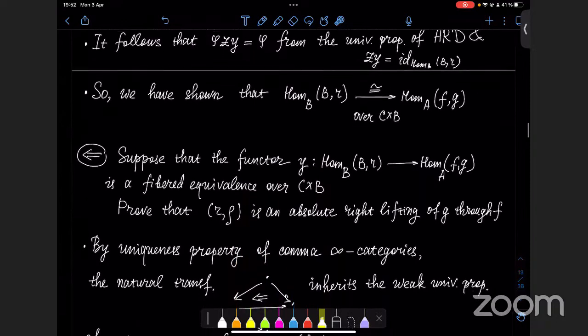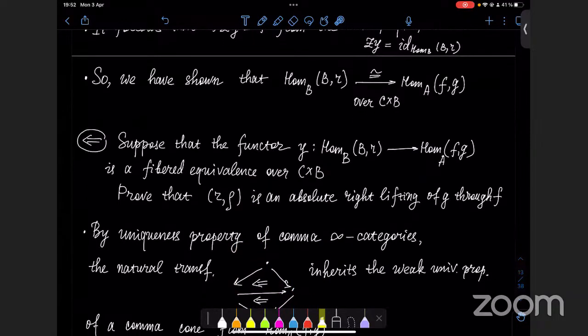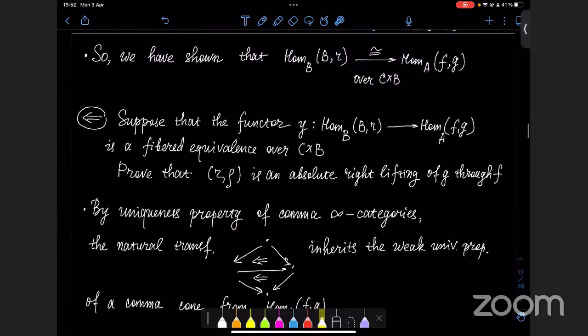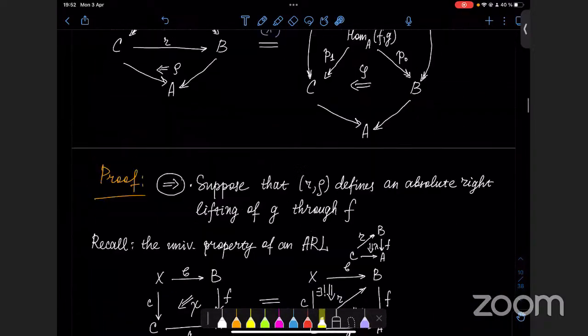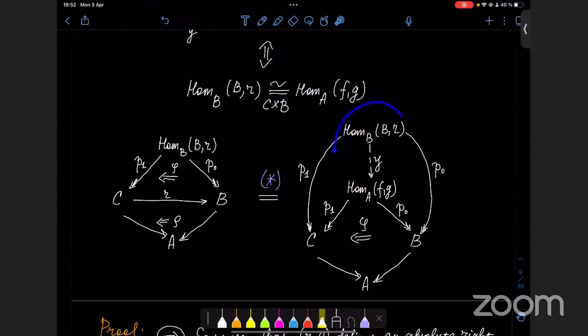So, the other direction. Suppose that this functor Y, which was constructed earlier, so recall that this functor Y is here.